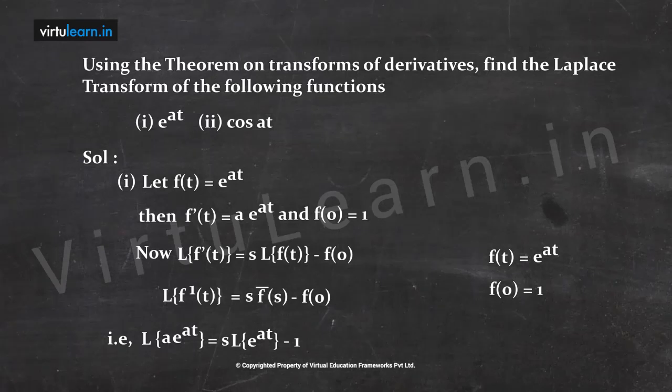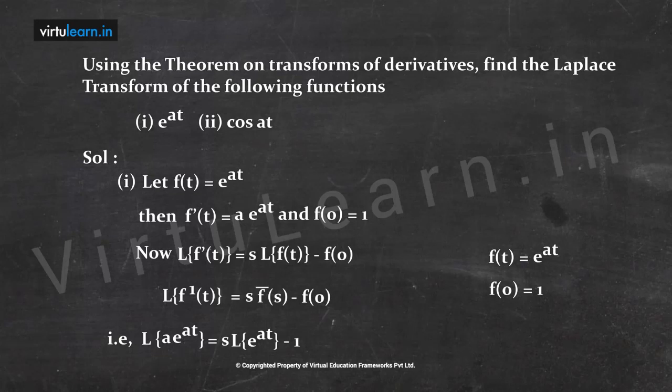Here f bar of s is nothing but the Laplace transform of f of t. I am writing s into the Laplace transform of e power at, minus f of 0. What is f of 0? Since f of t equals e power at, f of 0 is 1. That's why s into the Laplace transform of e power at minus 1.